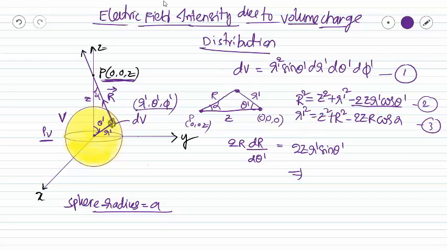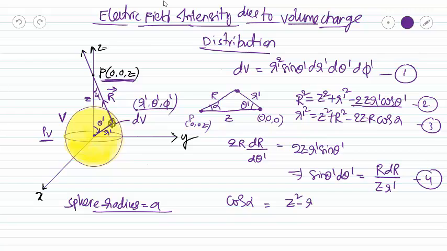From this we can write sin theta dash d theta dash, where the 2 gets cancelled, equals r dr divided by z r dash. That will be equation number 4. Similarly, from equation number 3, cos alpha equals z square minus r dash square plus r square, divided by 2 z r.